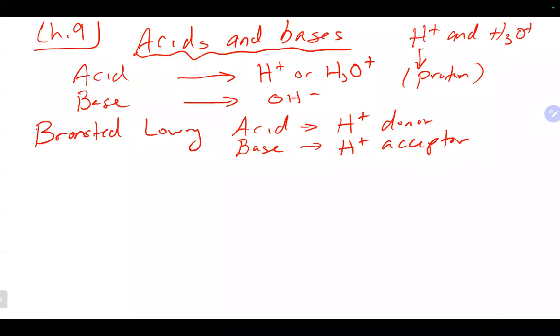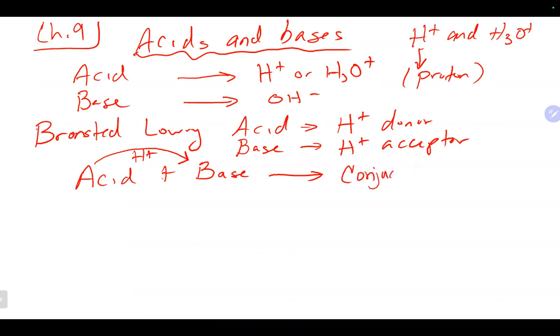And the consequence of the Bronsted-Lowry definition is it creates pairs when we look at an acid-base reaction. So if we have an acid plus a base, the acid will donate the H plus over to the base. The result of that is it will create two things on the other side, which are known as the conjugate acid and the conjugate base.